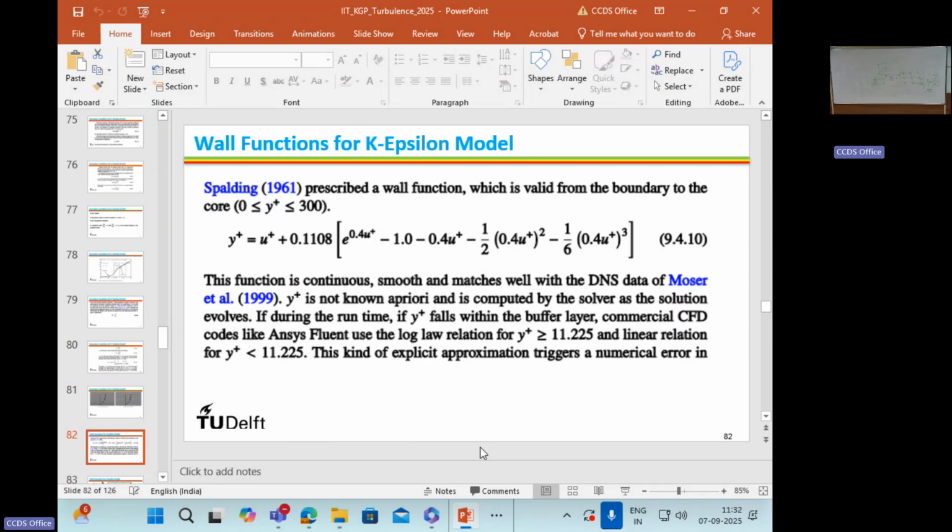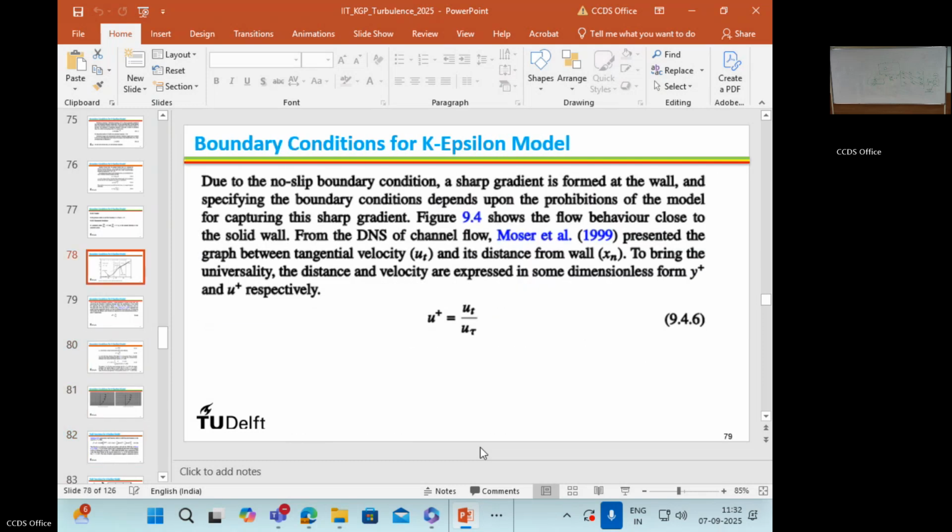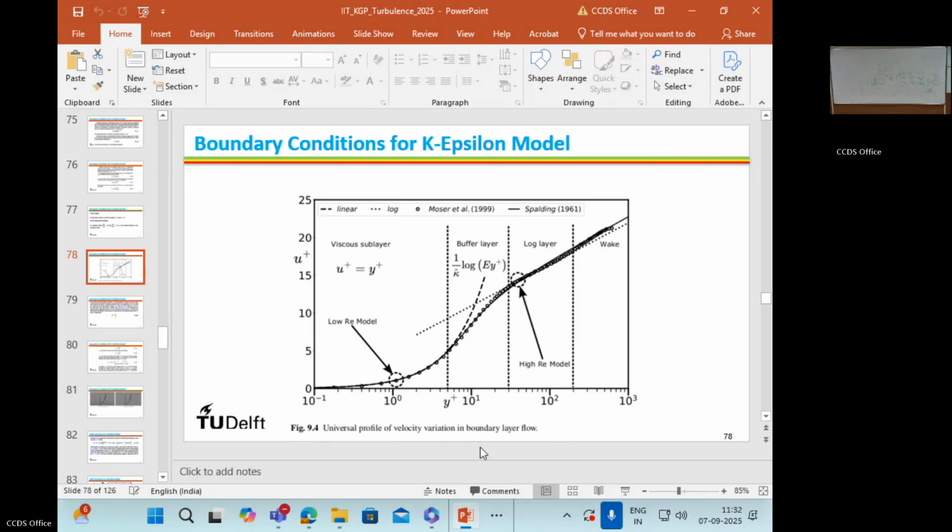The u plus as a function of y plus, or vice versa, the y plus as a function of u plus. For y plus in the range of 0 to 300, he fit y plus as a function of u plus, right? And how does this function look? This is the curve that fits well with the experimental data, right?